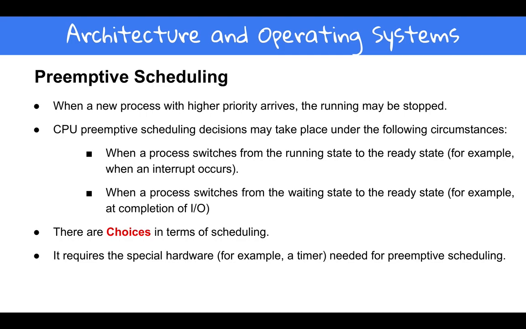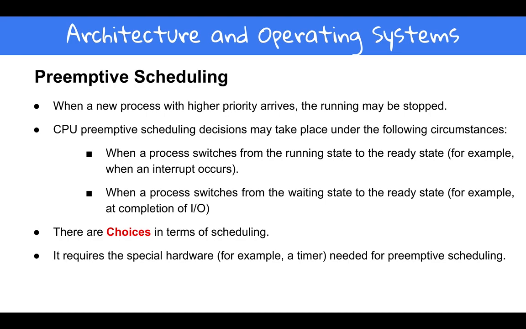But the difference between preemptive and non-preemptive is that we need some specific and special hardware, for example, a timer. For example, we give time to the process. A process has got 5 milliseconds to be executed.